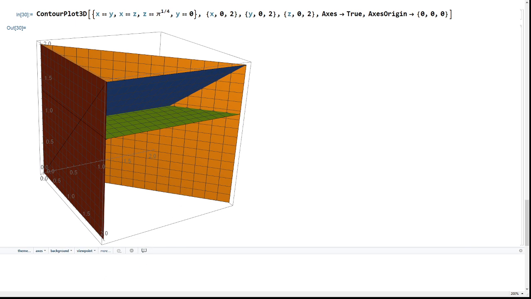This cursor's way not where it's supposed to be. This is the x direction right here, the y direction is the one back there, and z is the up and down here.